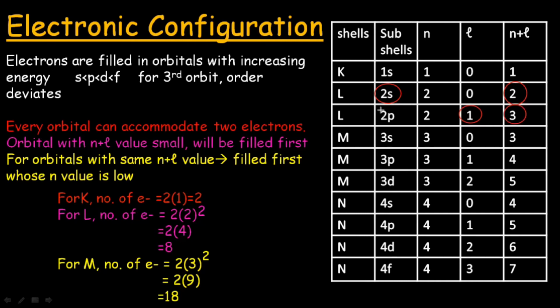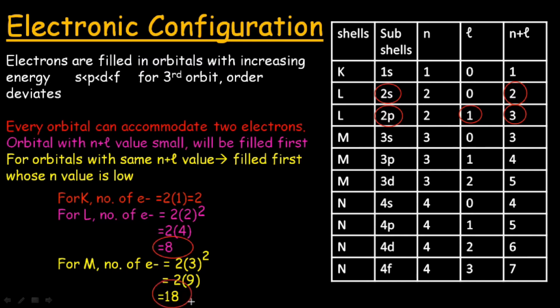The p orbital is degenerate, which has px, py, and pz orbitals, and each orbital can accommodate 2 electrons. So the p orbital can accommodate overall 6 electrons by filling 2 into px, 2 into py, and 2 into pz. 6 plus 2 of the 2s orbital make the total 8 electrons of the L shell.